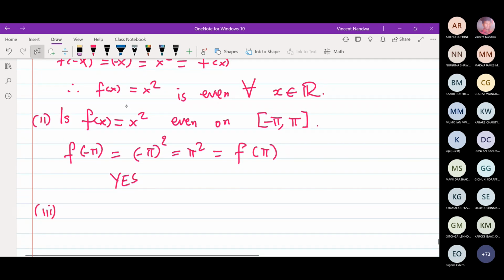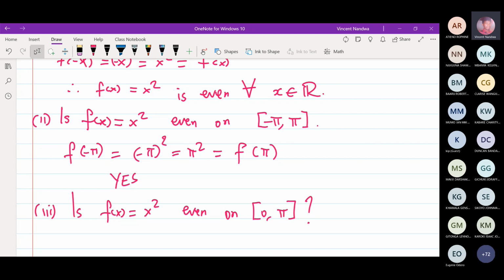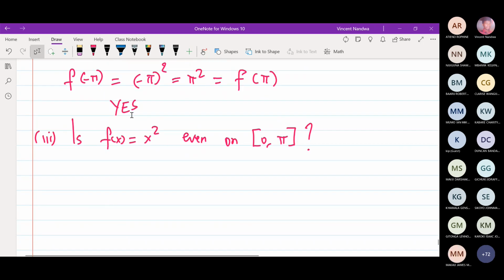Number 3, is f of x equals x squared even on 0 to pi? No. The answer is no. Since you are not allowed to define the values of f at negative arguments to give f of x.